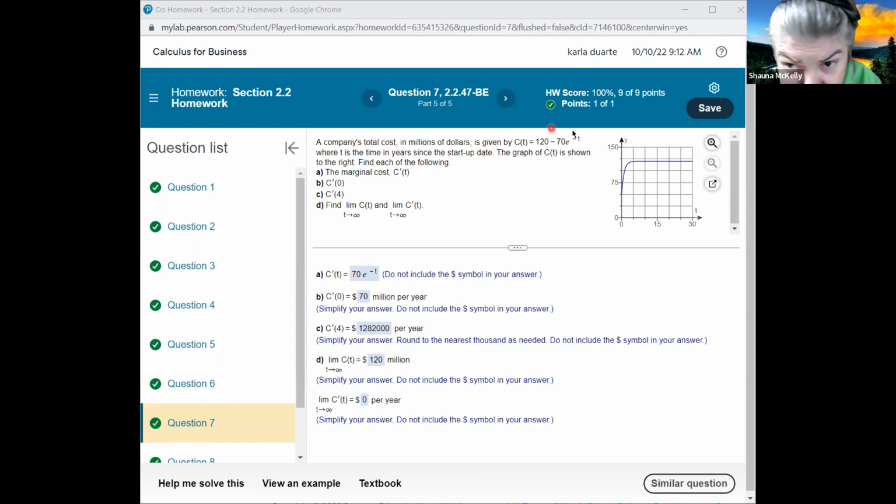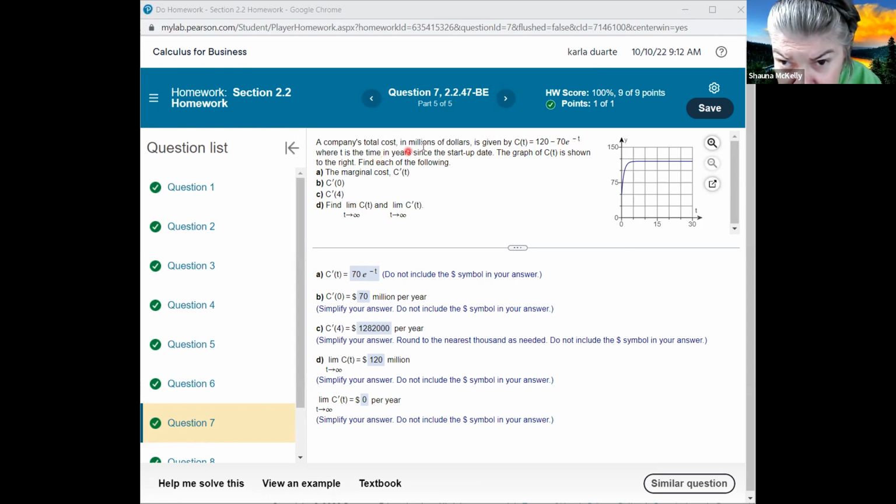This is always given in millions. So your derivative will be in millions per year. This is going to be millions of dollars. The derivative is going to be the change in millions per year, okay?